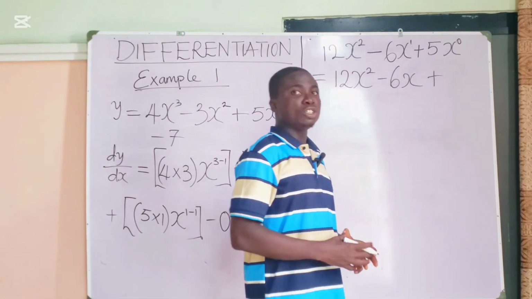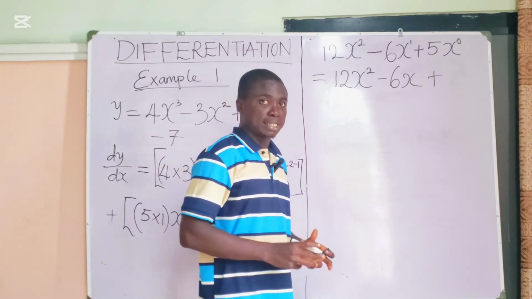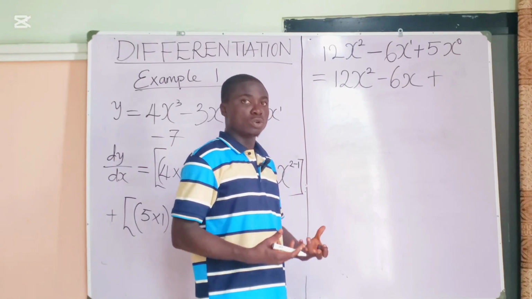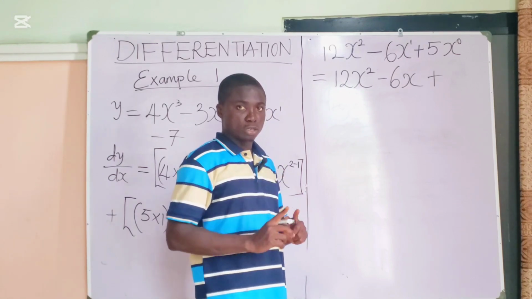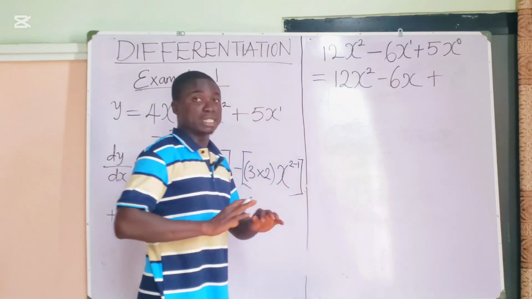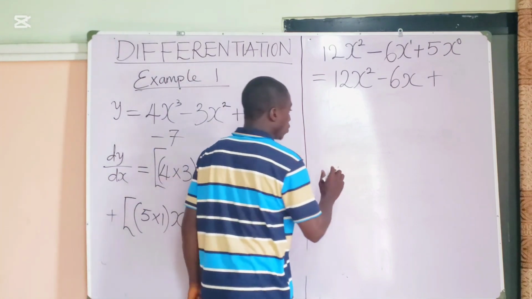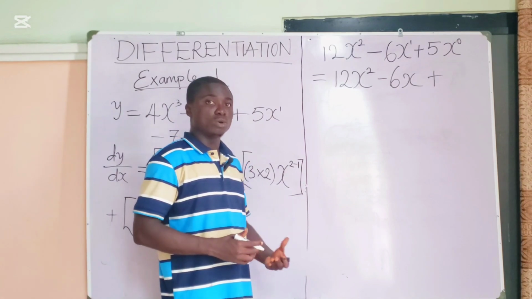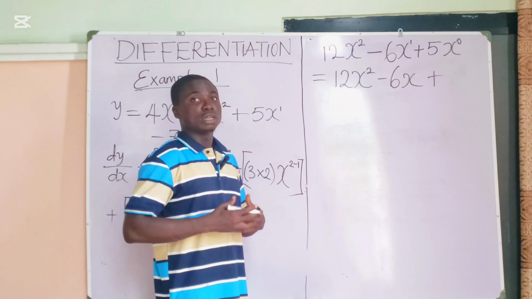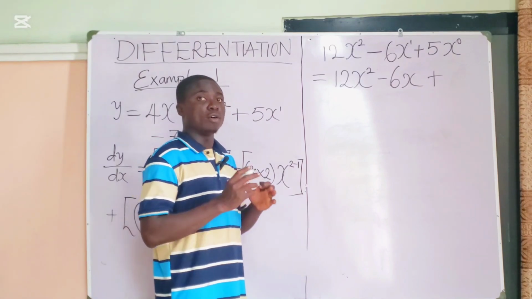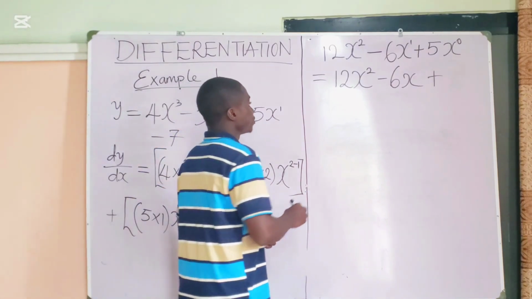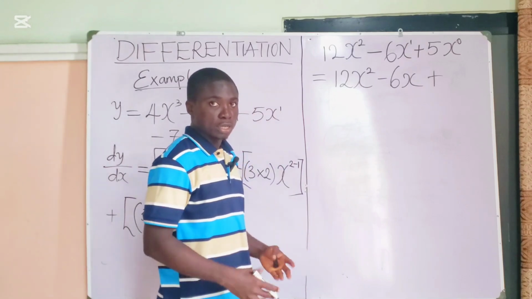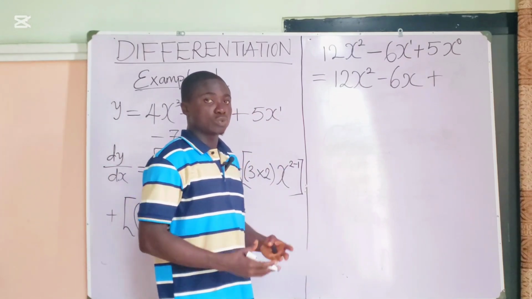Now, according to the zeroth law of indices, any number or term that is raised to power 0 is equal to 1, apart from 0. So x raised to power 0 is 1.